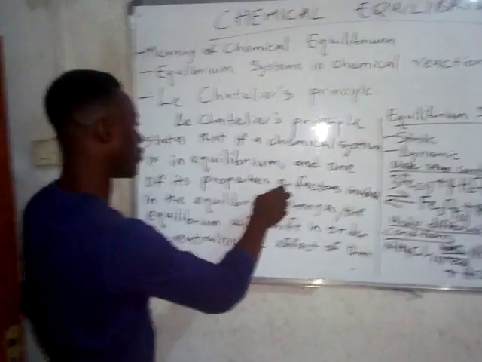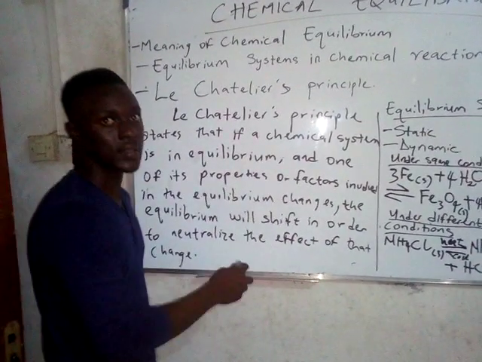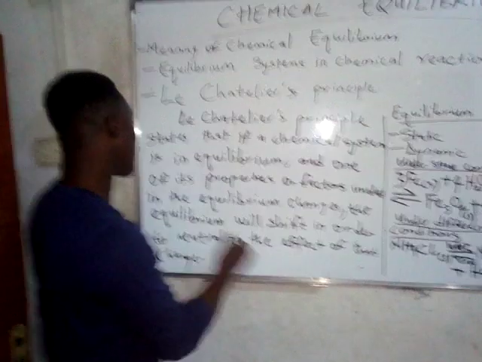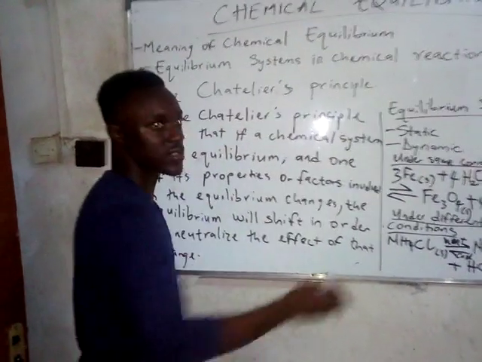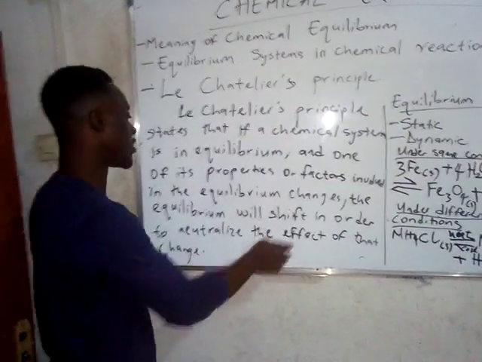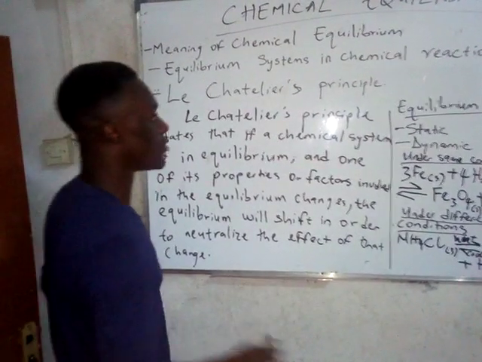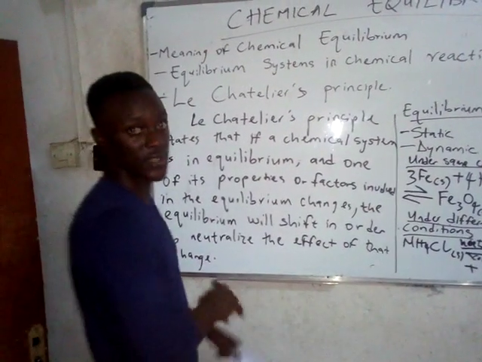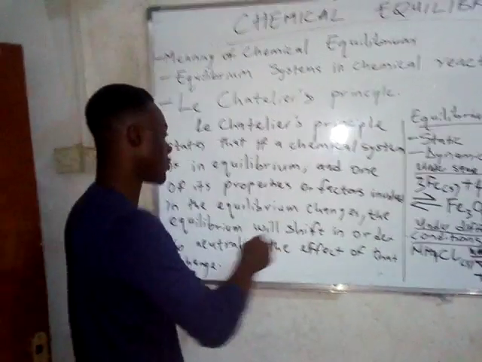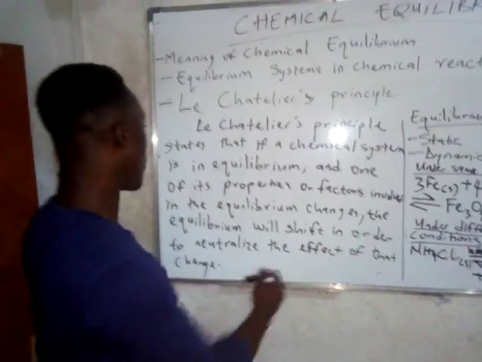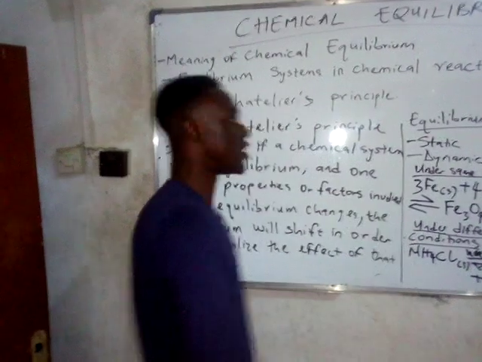The effect caused by that first factor that changed will have to be neutralized, and for that to happen, the equilibrium position has to shift so that everything remains balanced, because we said that an equilibrium system is relatively balanced. So for the system to remain balanced, the equilibrium position has to shift in order to neutralize the effect of the first property that changed.